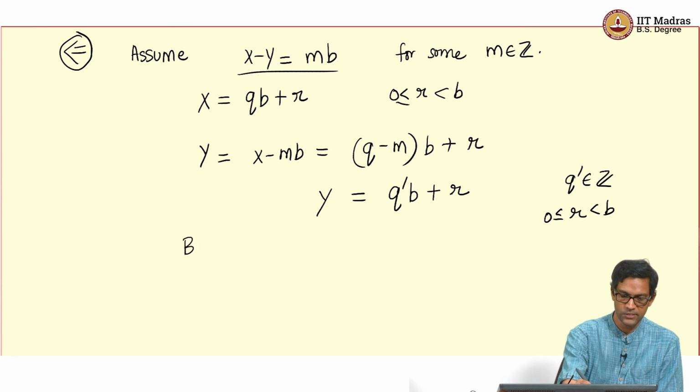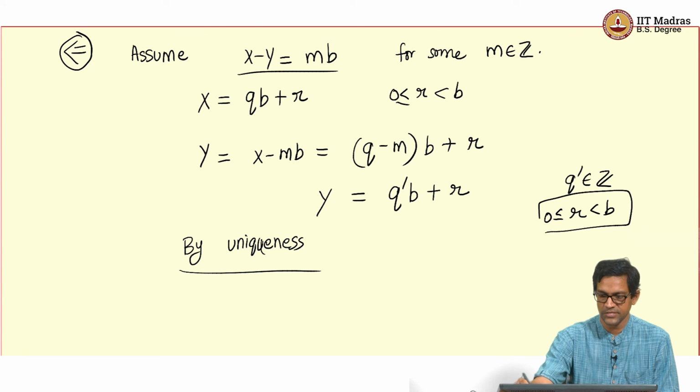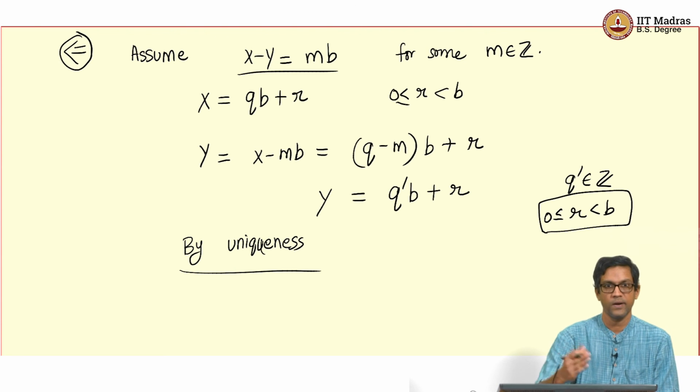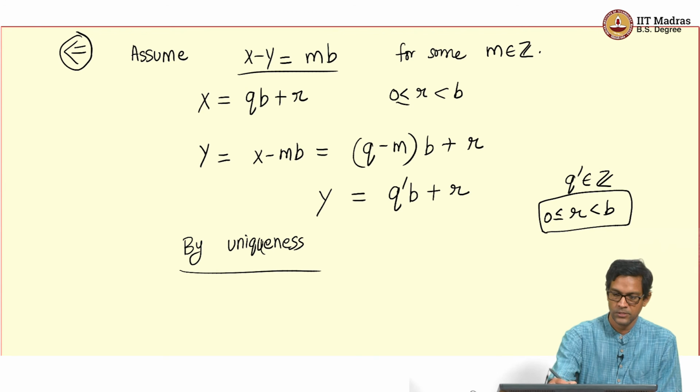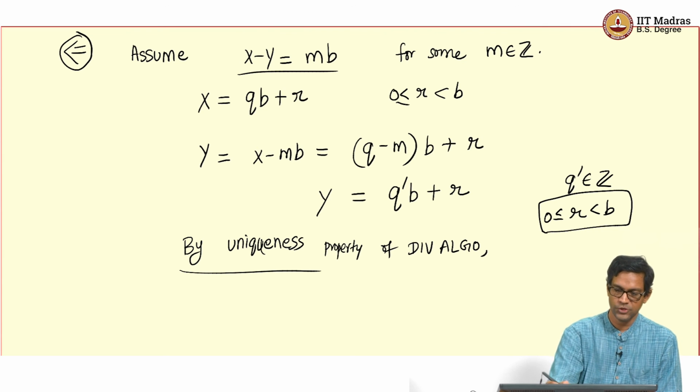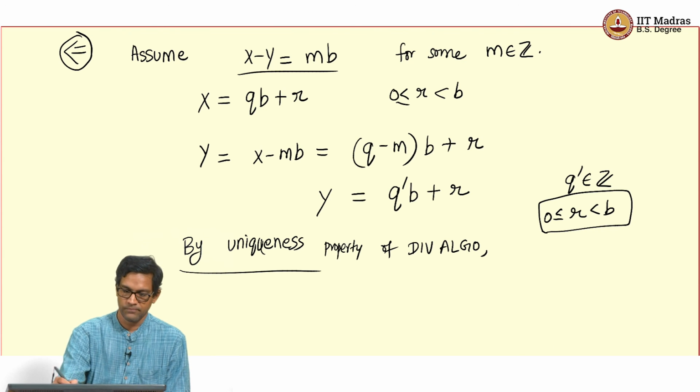Now, by the uniqueness, this is the very important aspect of the division algorithm, that if you find a quotient and a remainder where the remainder satisfies this property, then the quotient and remainder are unique. You can only find one such pair q and r which satisfy this property. So, by the uniqueness property of the division algorithm, the remainder that y gives you on division by b is exactly r.